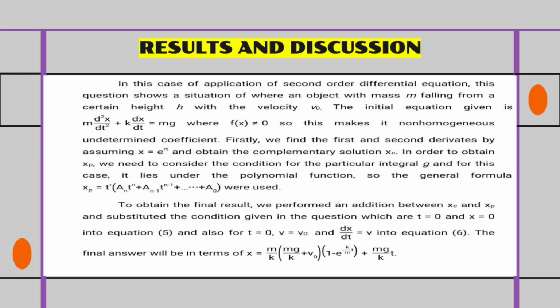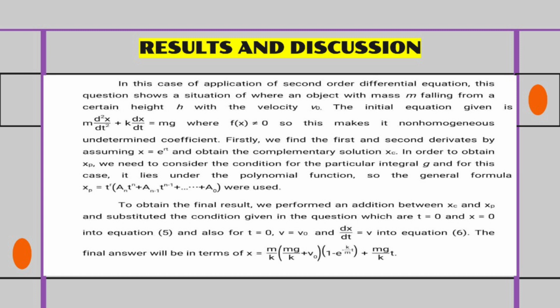Result and discussion. In this application of second order differential equation, the question shows a situation where an object with mass m falls from a certain height h with the velocity v0. The initial equation given is where the function does not equal 0, so this makes it non-homogeneous, undetermined coefficient.